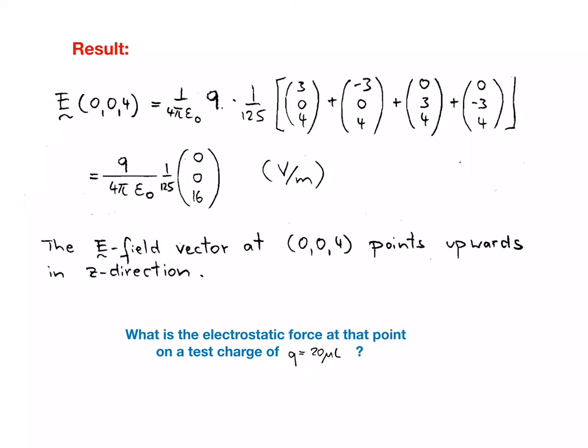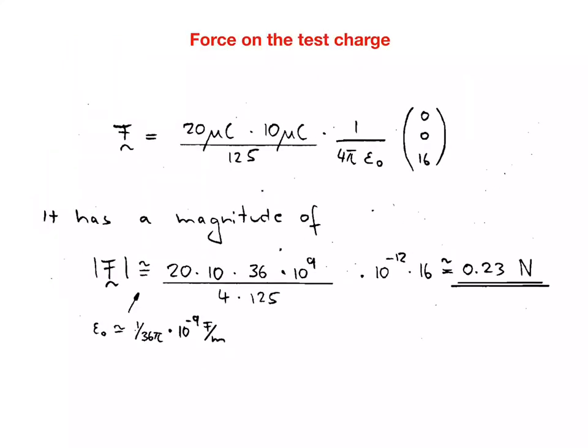Determine the force on a test charge, in this case Q equals 20 microcoulomb, that is created by a field of source charges, in this case these 4 charges in the xy plane. Multiplying the test charge according to Q test times E gives the force of 0.23 Newton at the point of interest at the position 4 meters from the origin on the z-axis.